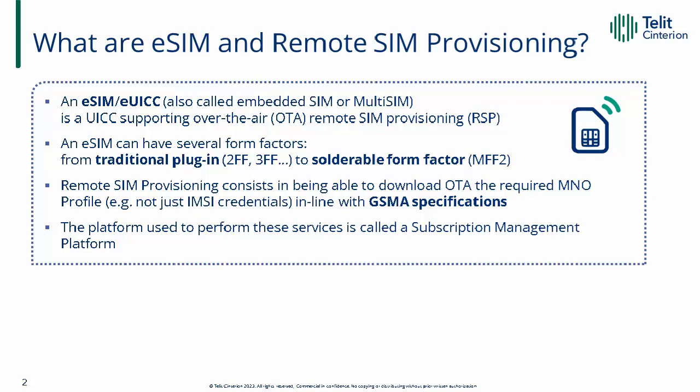Or it even can be the solderable form factor, like the MFF2. And just one step further, it could be the future form factor, which can be integrated with the baseband chip, so-called eSIM, or we say it's eUICC.